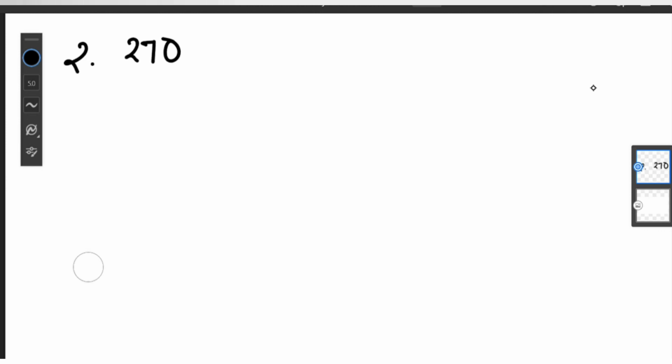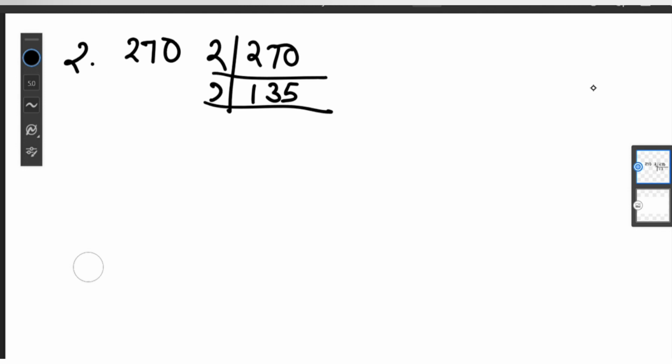Then second question, 270. 270 can be simplified. How can we simplify 270? 270 can be simplified by 2, 1 time, 7, 3 time, 10, 5 time.